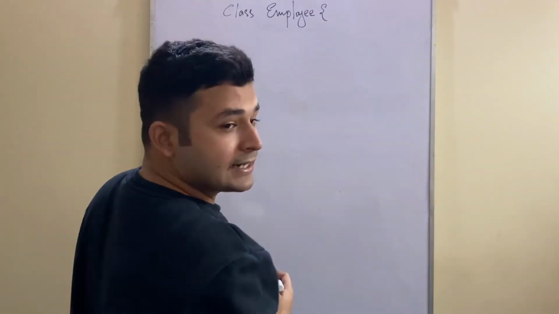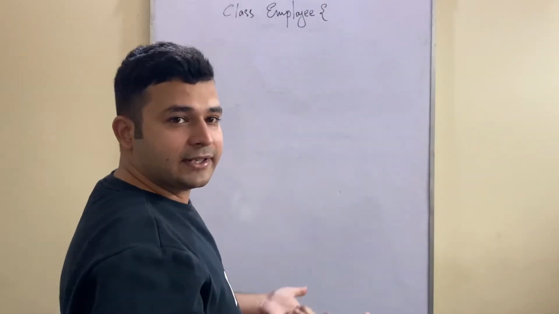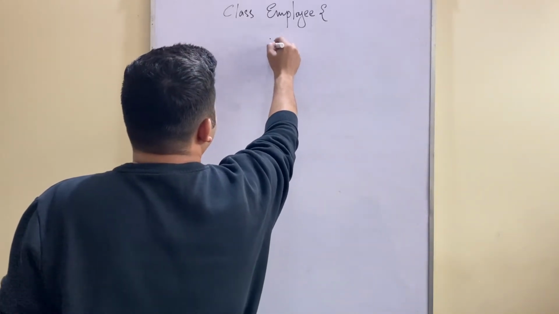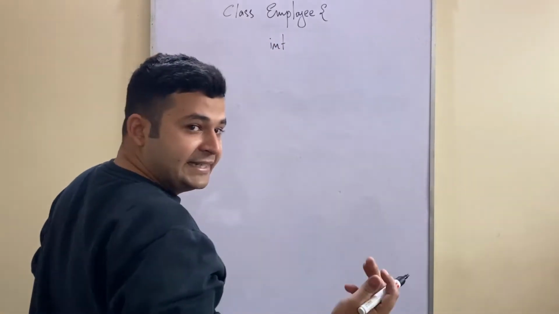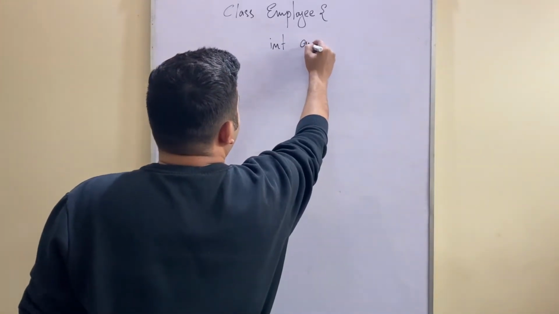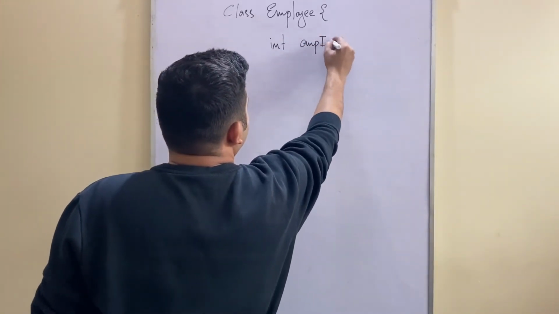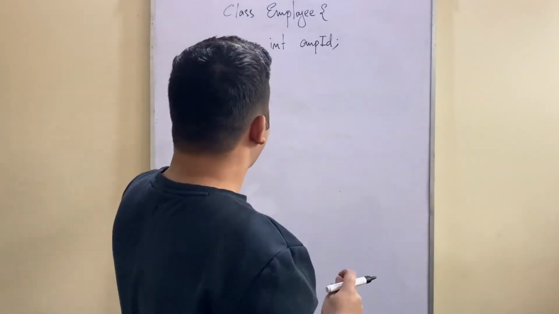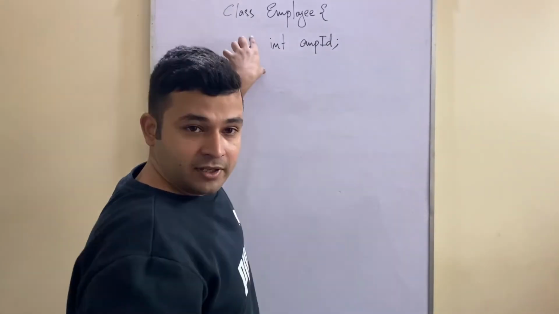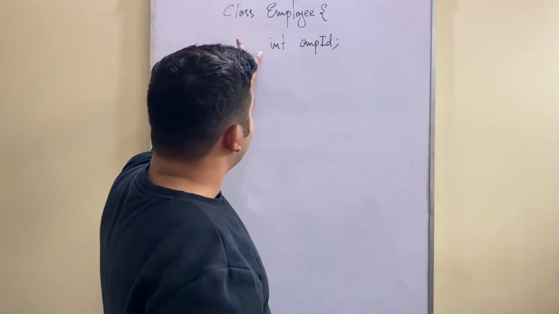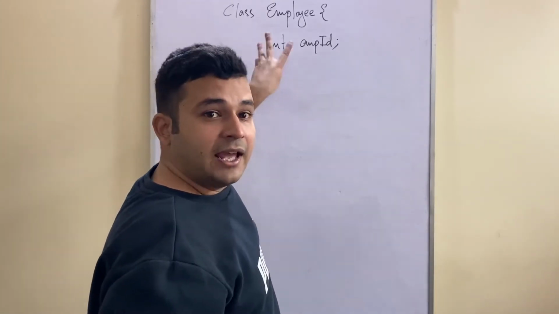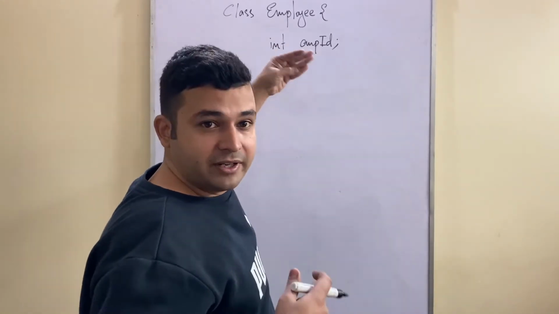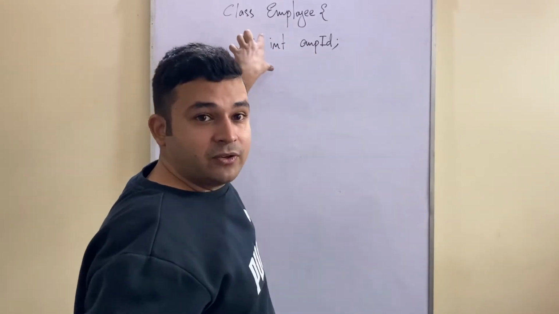Inside this class, suppose I want to create a variable of type integer, employee ID. When I am not giving an access specifier, it means this is accessible by any other class, wherever I am invoking or inheriting this particular class.